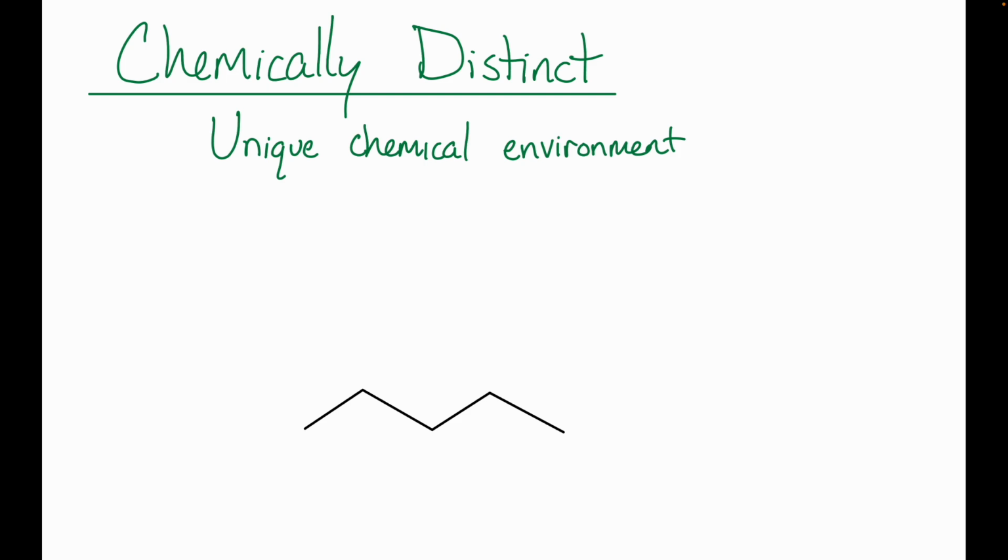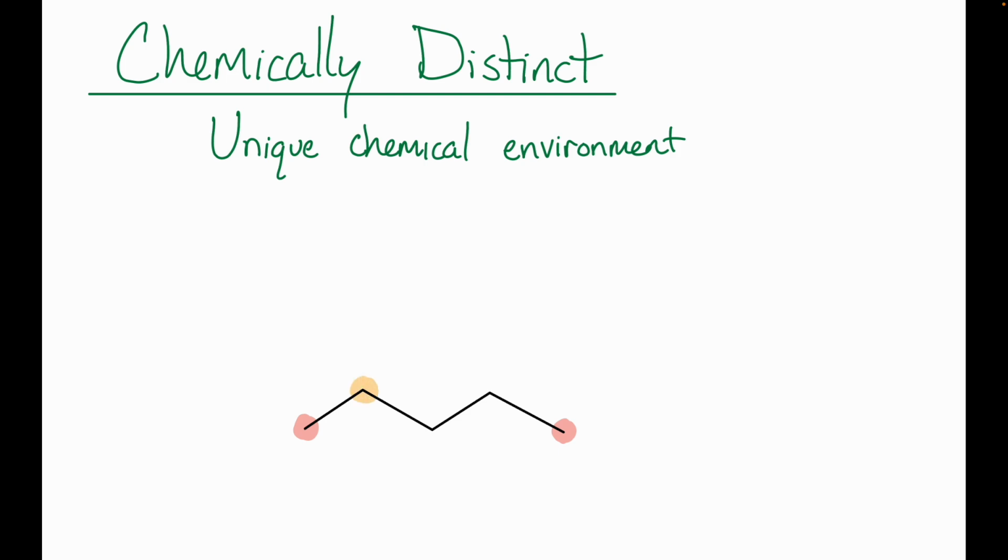Some of them have the exact same chemical environment as another carbon in this chain. In particular, this carbon all the way at this end, it's bound to 4 other carbons down the line. Well, that's the exact same chemical environment as this carbon over here. From a chemical standpoint, they are both bound to a chain of 4 other carbons. There's one other group that has 2 carbons in it. Where's that?